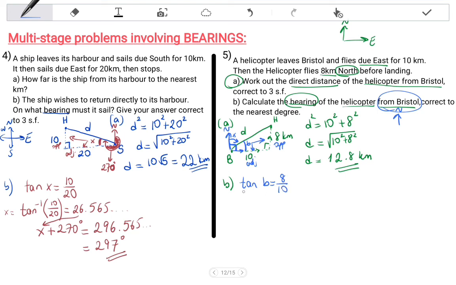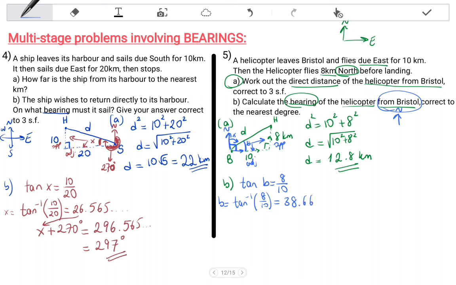I need to do inverse of tan, so press shift, then press tan, will give you inverse tan. Open bracket, write the ratio, and you will reach the value of B, and this is 38.66.